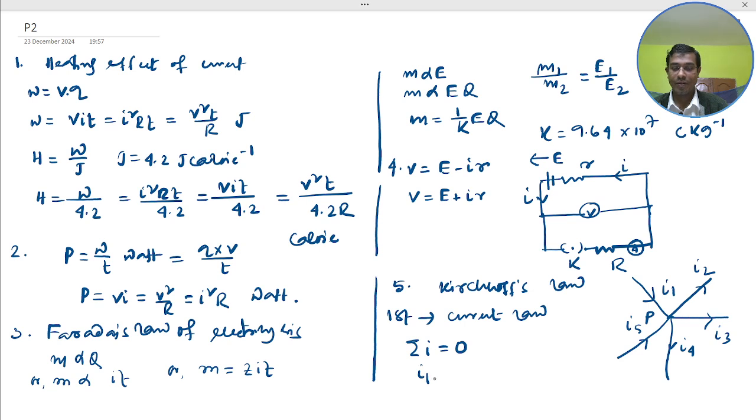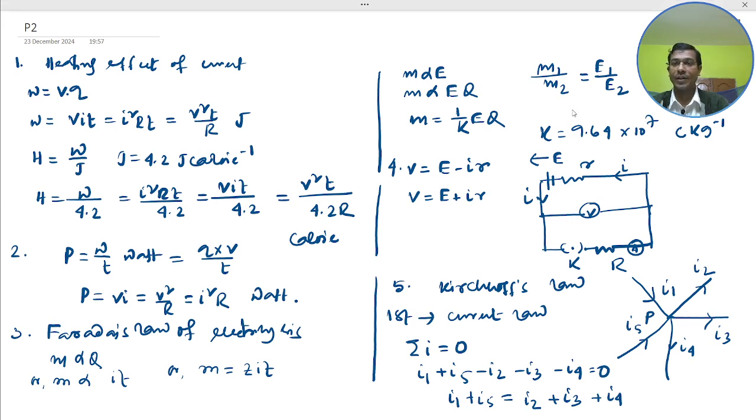So I1 incoming, I5 incoming, I2, I3, I4 outgoing: I1 + I5 = I2 + I3 + I4.